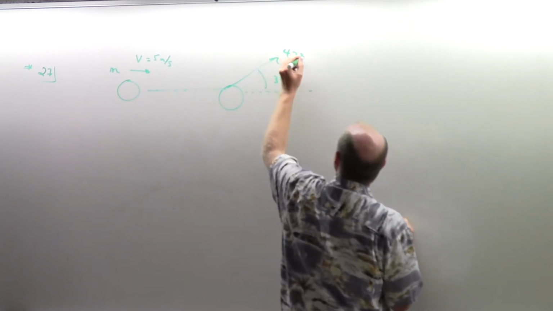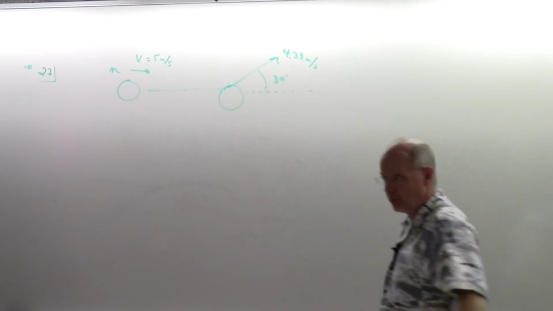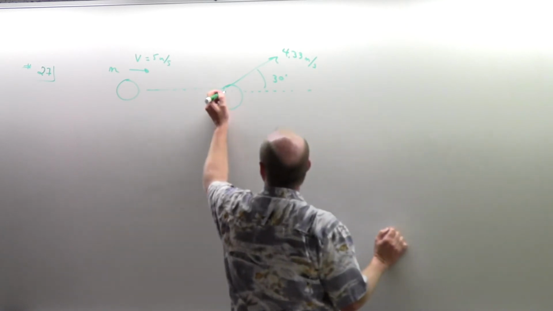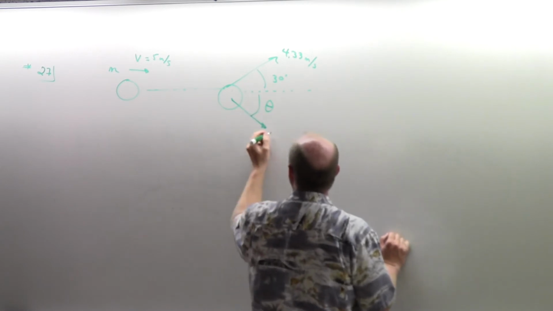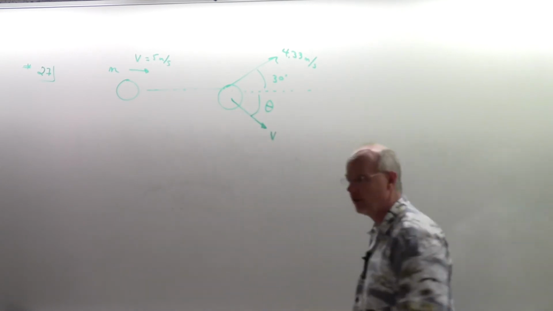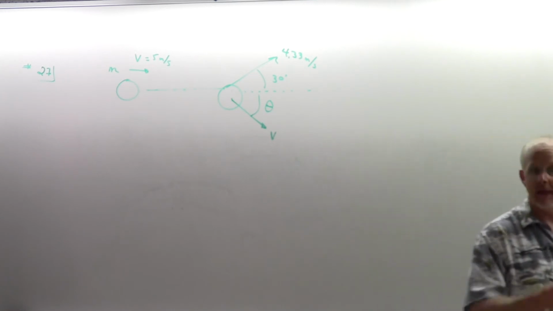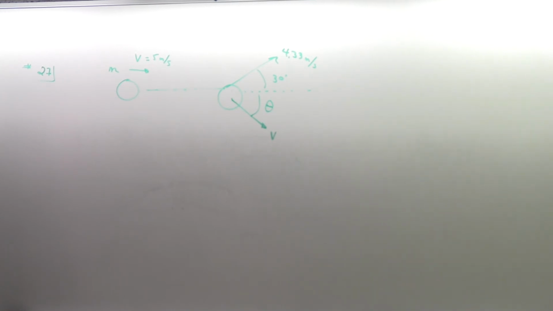They say it has slowed down a little bit to 4.33 meters per second. Assuming the collision is elastic, find the struck ball's velocity. So this second ball would be heading at some angle theta with some velocity, I'll just call it v, unknown. And that's what we're after. What is that velocity?